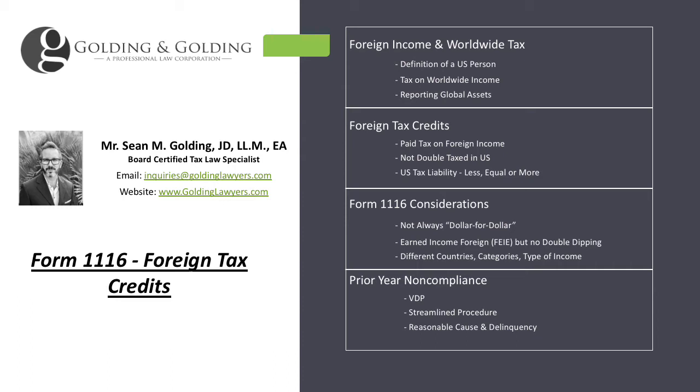Now, excuse me, it's not always a dollar for dollar credit. So let me give you an example, expanding on that example that we just started with. Let's say the tax liability overseas is $10,000, right? Let's call her Michelle. And so Michelle is filling out her U.S. tax return. If her tax liability on that foreign income in the U.S. would be $10,000 as well, guess what?